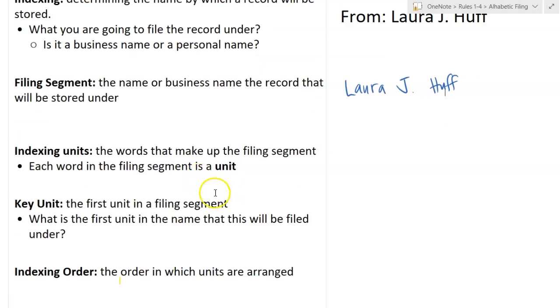Indexing units are the different words that make up the filing segment. Each word in the filing segment is considered a unit. So Laura is a unit, J is a unit, and Huff is also a unit. You'll notice here that I'm not including the period after the J when I am indexing this, and you'll learn more about why in a little bit.